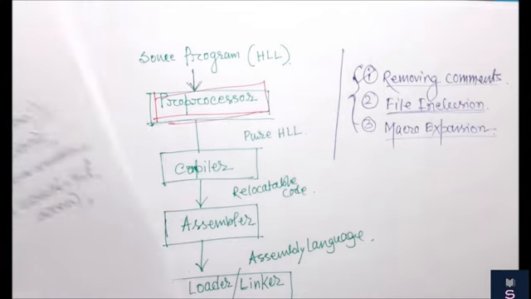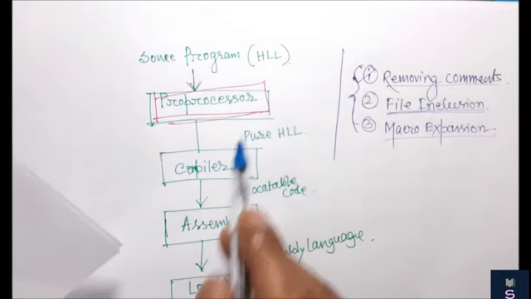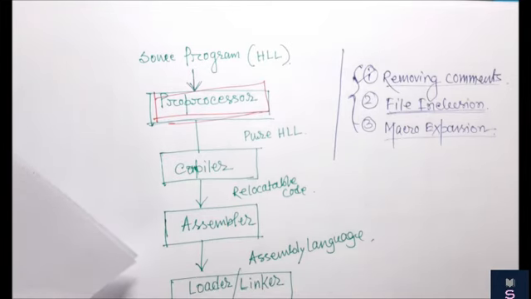So from this diagram we can see that the preprocessor is the first step of processing the high level language, and that output will be used by the compiler, right.